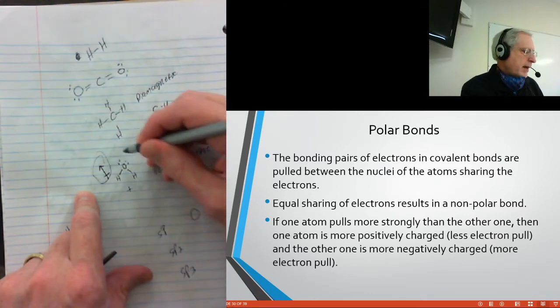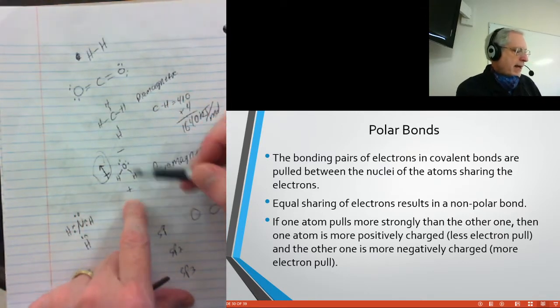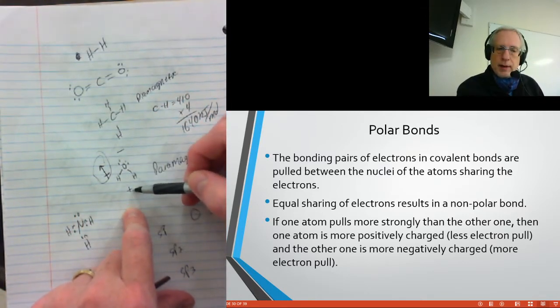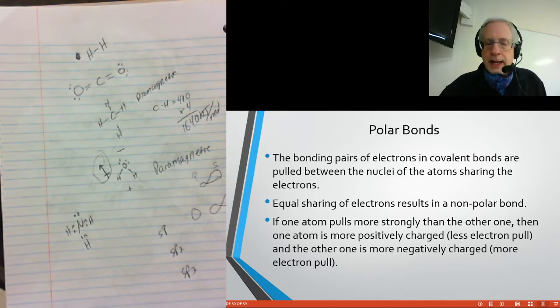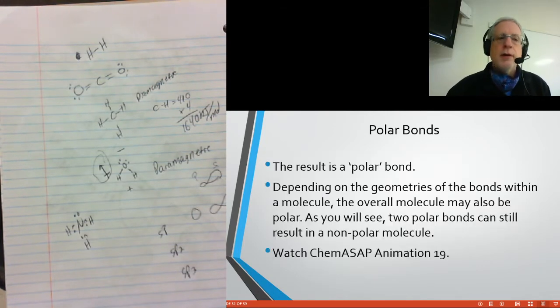So it tells us that water has a negative and a positive pole, which is important for how not just water, but polar compounds can actually have polar interactions with other compounds because of this difference in electrical charges. So this results in a polar bond.